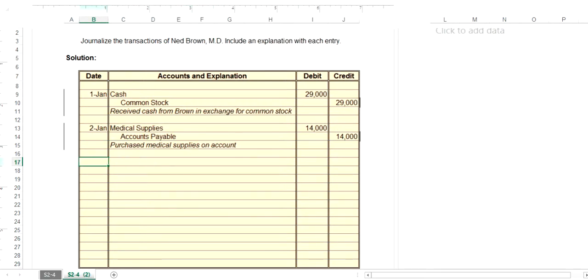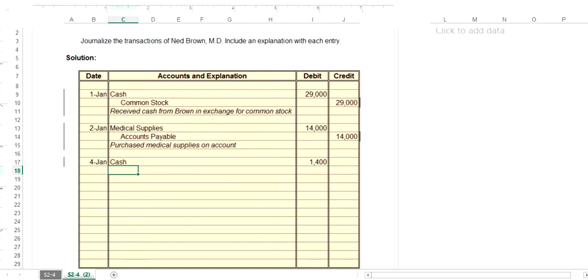Let's go to our third transaction. On January 4th, let's see, the doctor performed services for patients and received $1,400. And we received cash, so we've got to debit cash. And the amount of our debit is going to be $1,400. That's how much cash we received.